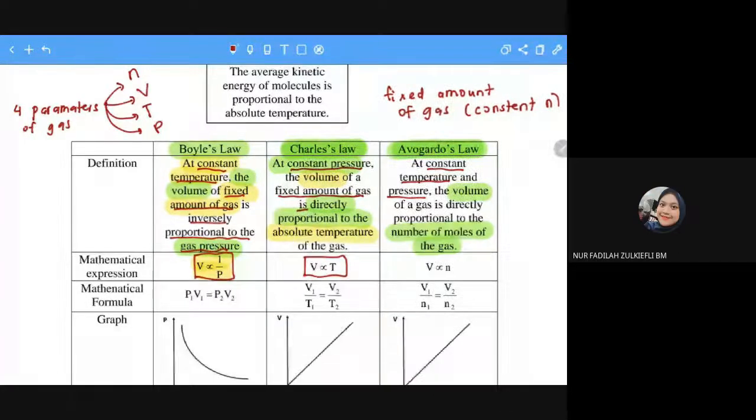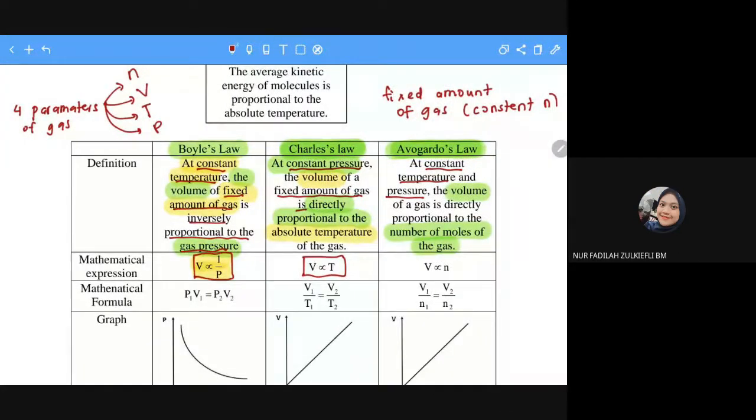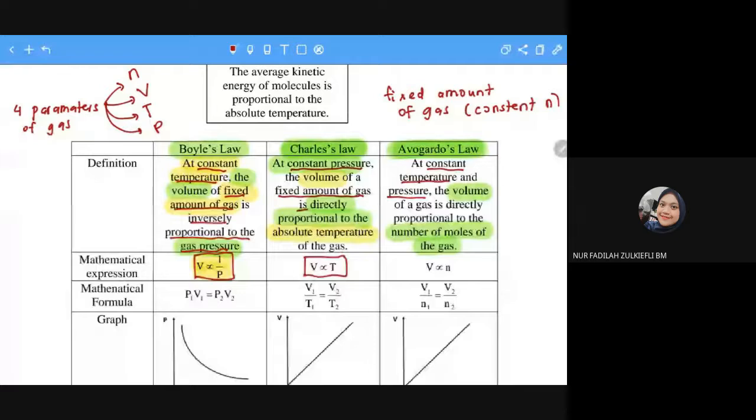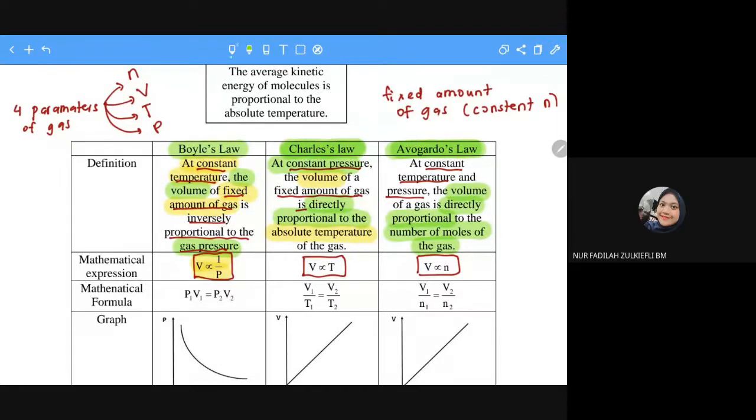Yes, temperature and pressure. That's why teacher dulu, cara teacher hafal adalah teacher faham apa yang Avogadro law nak study. Dia nak study tentang parameters V and N. So the other two parameters will be kept constant. Mana boleh study semua benda dalam satu masa. Okay, itu bukan eksperimen namanya. So what is the relationship between V and N? Inversely proportional or directly proportional? Directly proportional. Okay, very good.